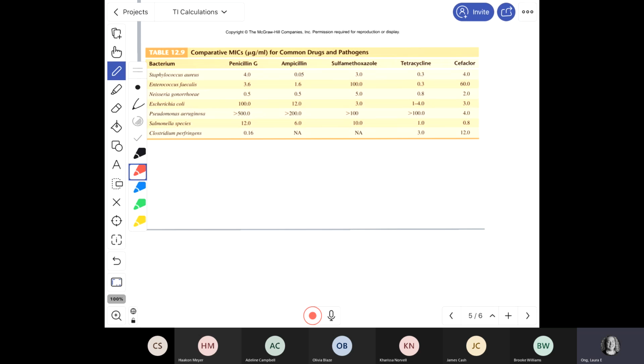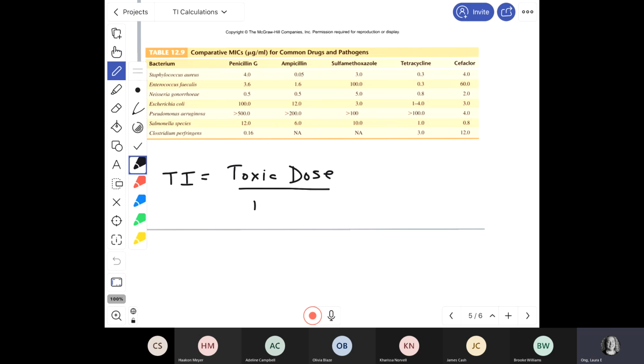So because when we're doing these TI calculations, therapeutic index equals toxic dose over the MIC, and we want the TI to come out to be a big number, that means that generally lower MICs tend to be better. Lower MIC values tend to be better.